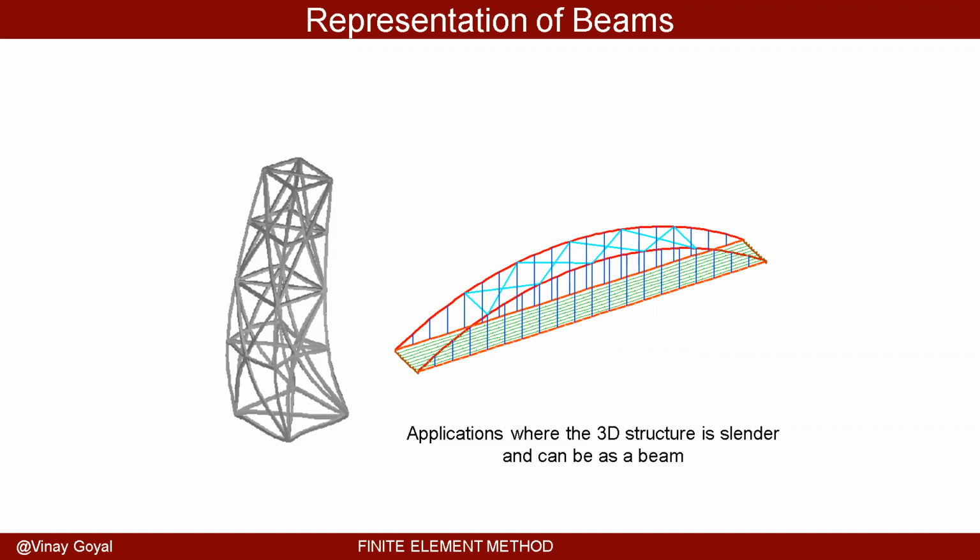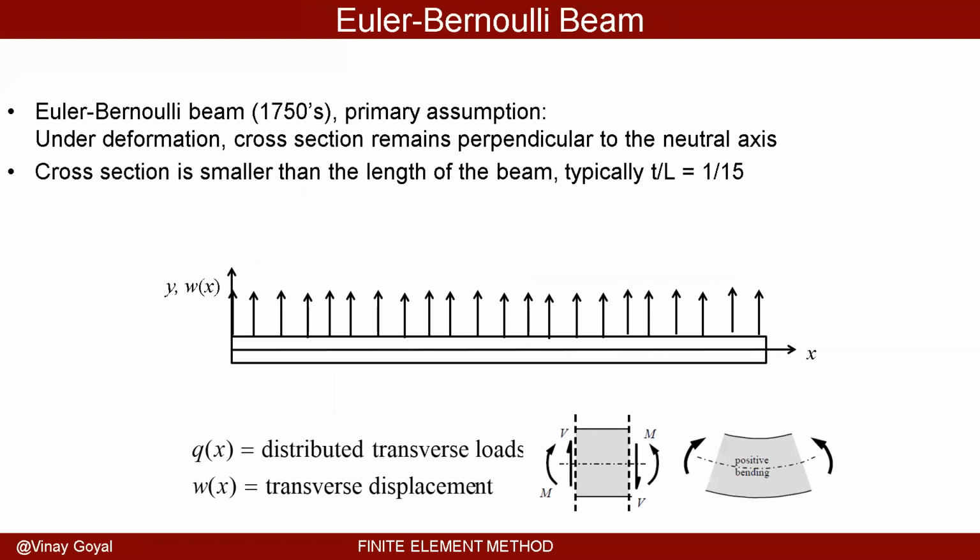But these 3D models, again, are computationally expensive. We want to find approaches to solve these problems in an inexpensive manner. And to accomplish that, those stiffening representations can be performed using beam elements. So that is the idea that we have here, is how can we simplify the problem.